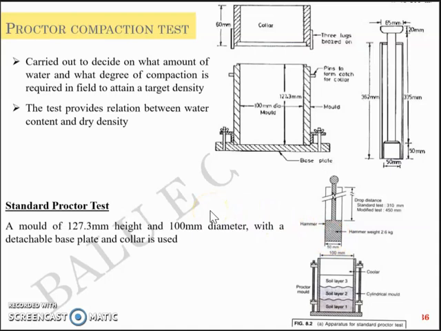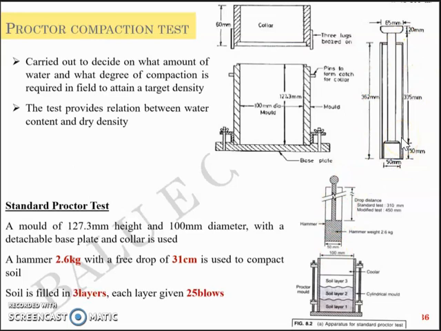In the standard Proctor test, you have a mold 12.7 centimeter in height and 100 millimeter in diameter with a detachable plate and a collar. A standard hammer of 2.6 kilogram with a free drop of 31 centimeter is used to compact the soil. Now the soil is placed in layers and compacted using this standard hammer.